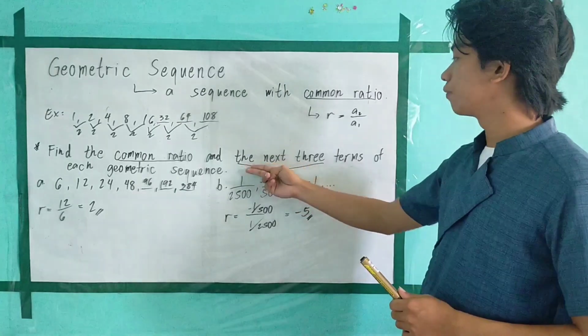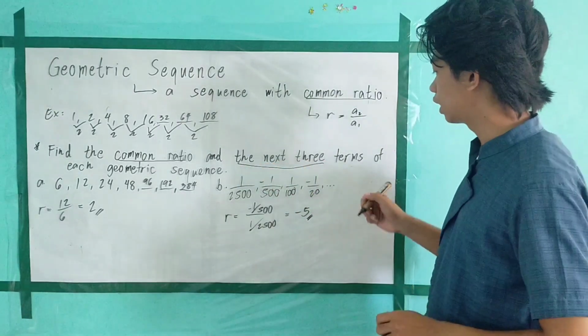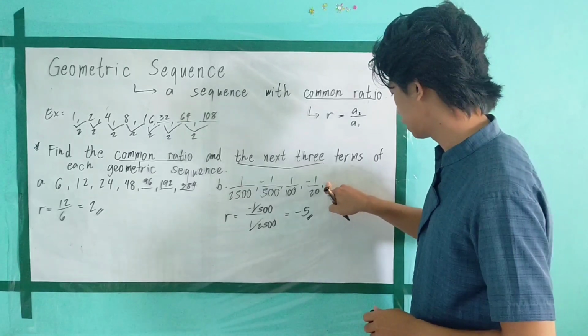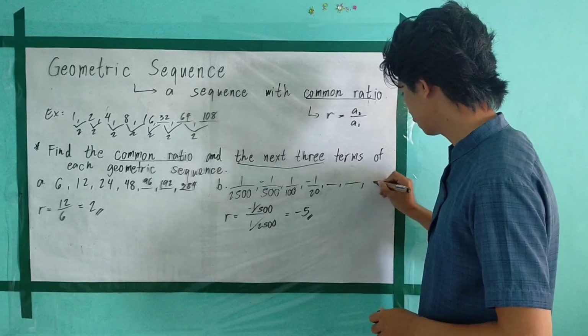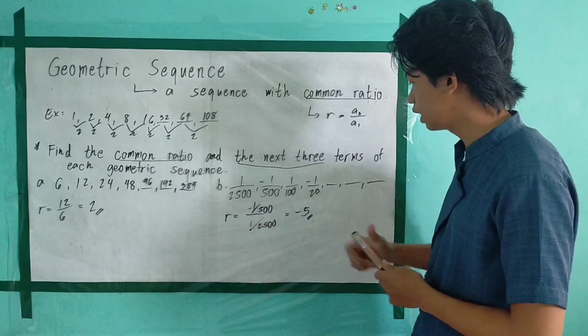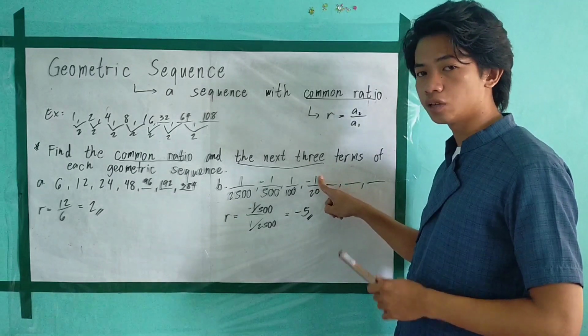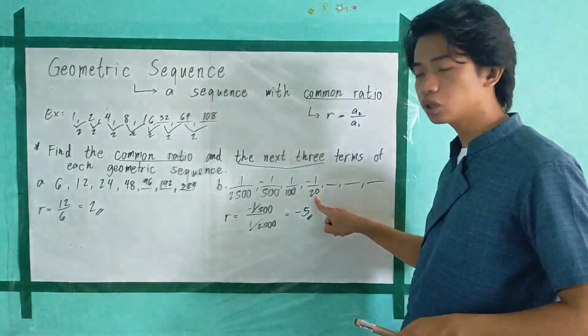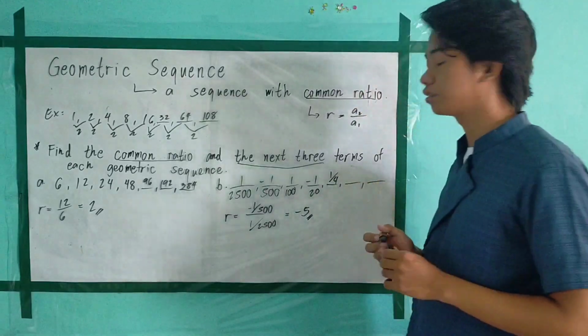Okay, next, find the next 3 terms. To find the next 3 terms, let's use this one. Negative 5 multiplied by negative 1 over 20, we have positive 5 over 20, which is 1/4.